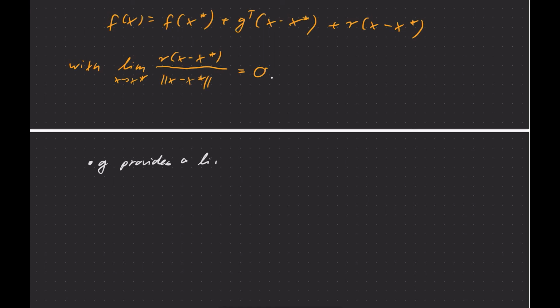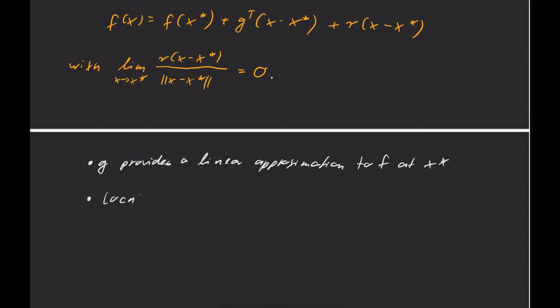So G provides a linear approximation to f locally at x star. Yeah, so this whole thing is locally around x star, and locally this approximation is good in the sense that the approximation error tends to 0 faster than the distance between a certain point in the neighborhood and the point x star itself.